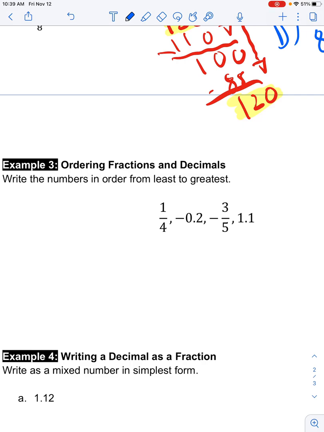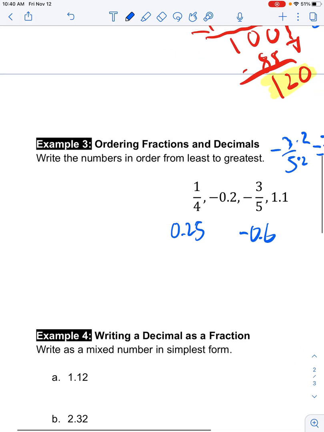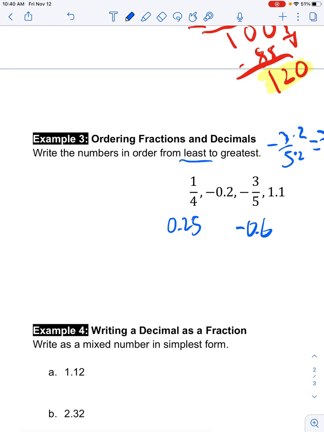Order the numbers from least to greatest. You want to try to get either all fractions or all decimals. So I'm going to say that 1/4 is the same as 0.25 and -3/5. Multiply it by 2, I get -6/10. So this is the same as -0.6.